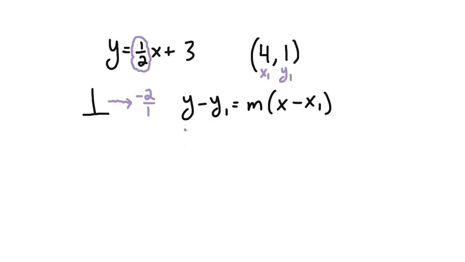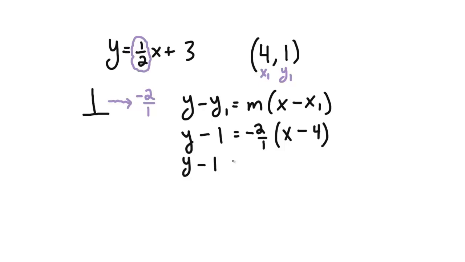Alright, so let's plug in the information that we do know. We have y minus the y1, which is 1 here, equals the slope that we want, which is -2 over 1, and x minus the x1, which is the 4. Okay, now we can do out the algebra.